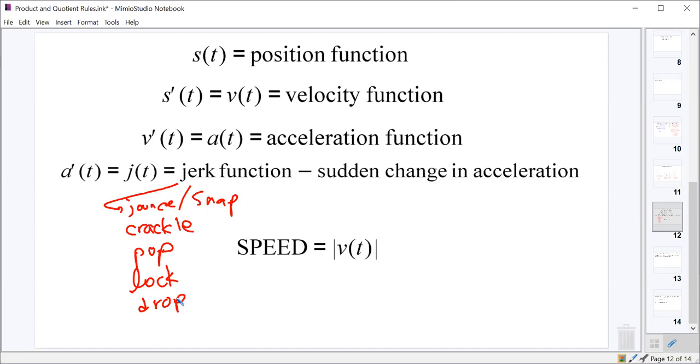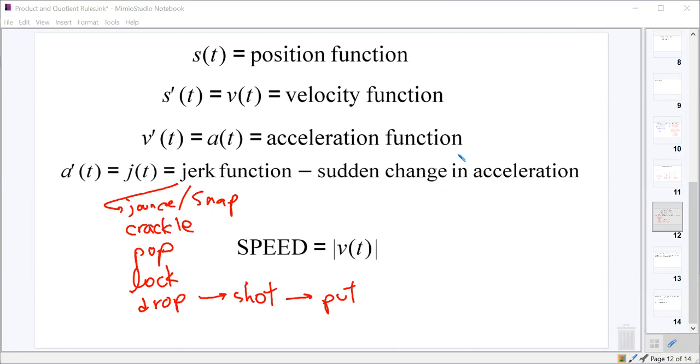Pop, lock, drop. And then the derivative of drop is shot, and then the derivative of shot is put. And these are all real. Even if you don't think that I'm telling you the truth, they are all real. And you will be tested rigorously on all of these. No, you won't be. But you should at least know them. Yeah? Good? Everybody good?